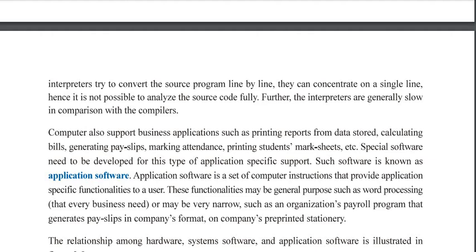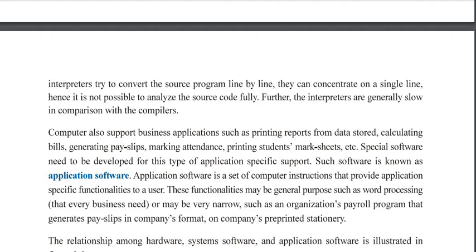Another software type is application software. A computer also supports business applications, printing report applications, data storage applications. All of these are part of application software. In our mobile also, Android is an operating system, but you are installing WhatsApp, Facebook, Instagram, as well as games. All of those are part of application software.